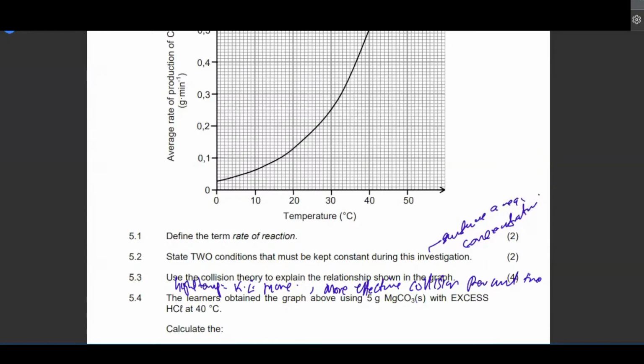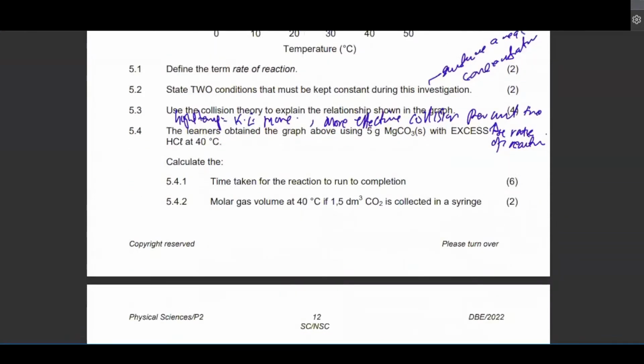And then if there are more effective collisions, there will be a high rate of reaction, or an increase in the rate of reaction. So basically the key points when I'm marking are: high temperature correlated with more kinetic energy, more particles colliding effectively per unit time, or more effective collisions per unit time, and then there will be an increase in the rate of reaction.